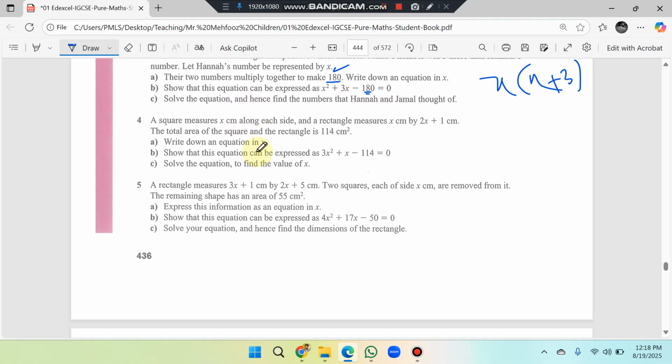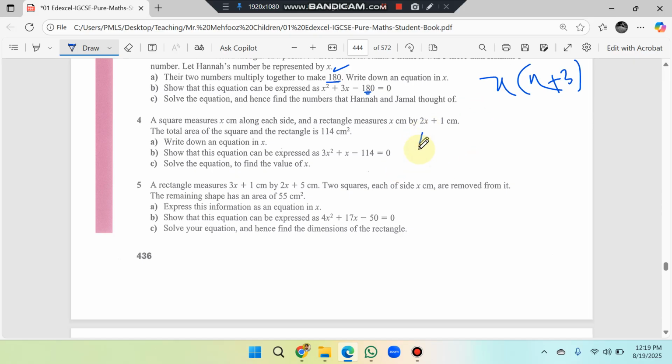The next one is question number 4. A square measures x centimeters long each side, and you can see that each side means that a square has all sides the same, and a rectangle measures x centimeters by 2x plus 1 centimeters. We have to find the total area.